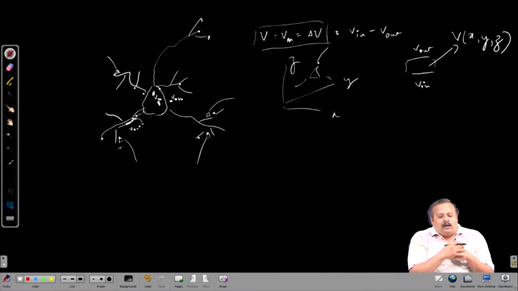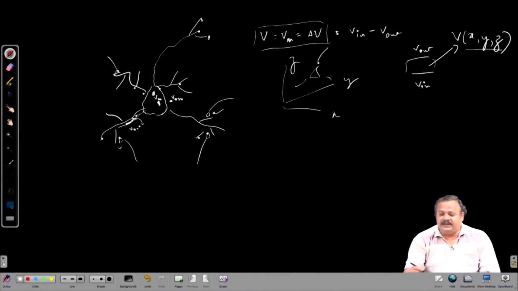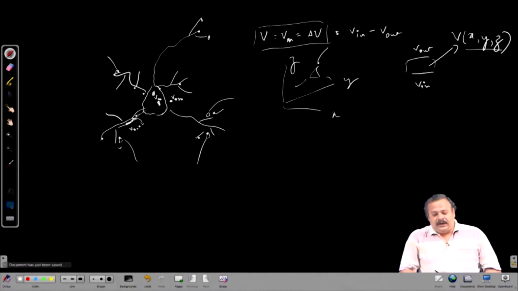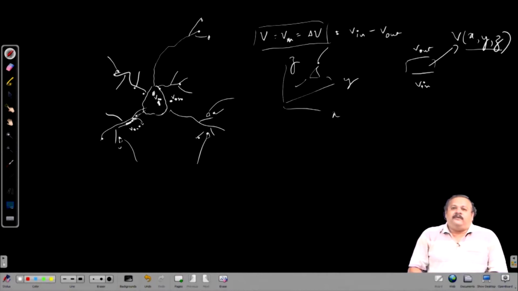So, obviously then, if we really want to understand how currents from the synapses get integrated, how they can interact, then we cannot go with a single V. We will have to go with something like V(x, y, z), or in fact, if we were to model it on a computer, that is to simulate a neuron model, we will have to go into a compartmental model.